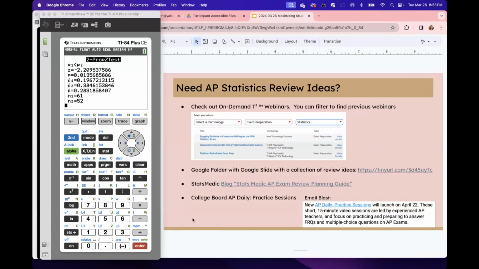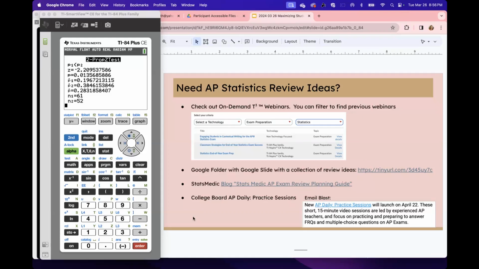Okay, so that brings us to our last slide, if you need help with some review ideas, because you're getting close to that point. Our date's coming up close, and we're going to have that 30-day countdown pretty soon. So one thing I thought, if you enjoyed this webinar tonight and would like more of the same kind, which targets using the calculator to get those students those extra little points here and there, are previous webinars that TI has available on demand.